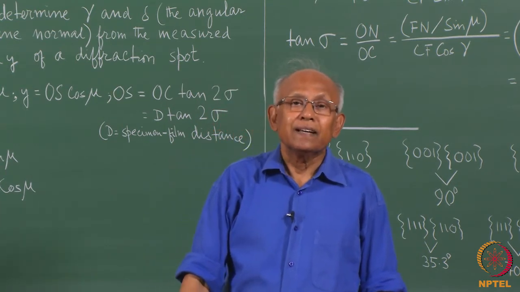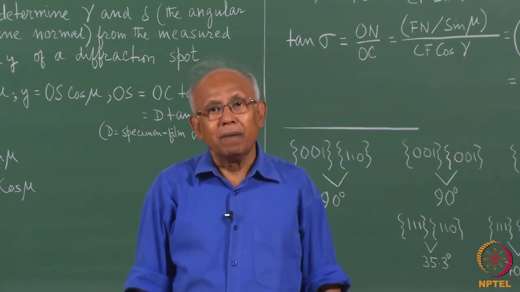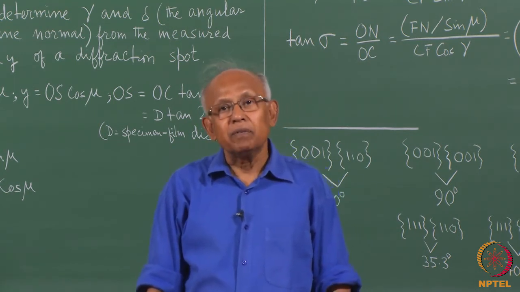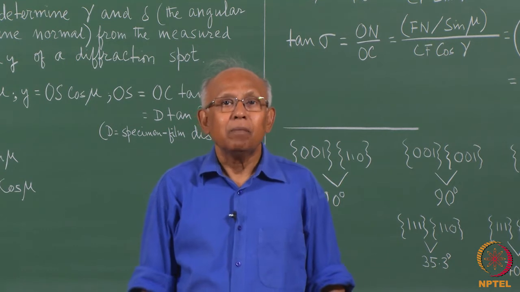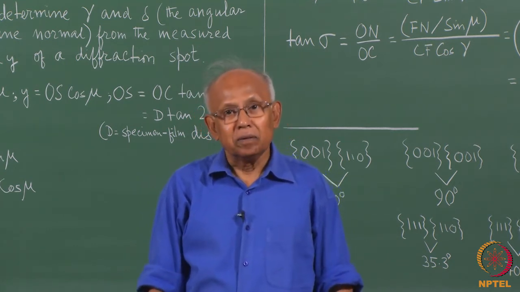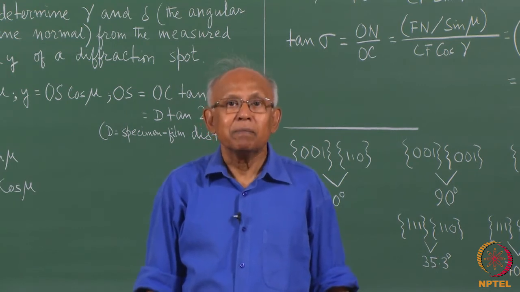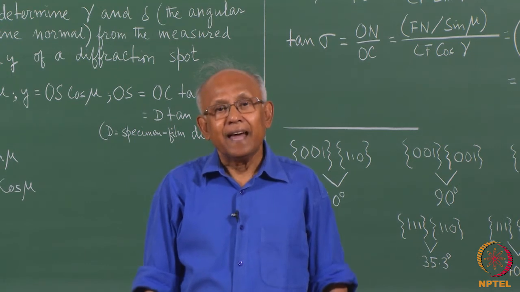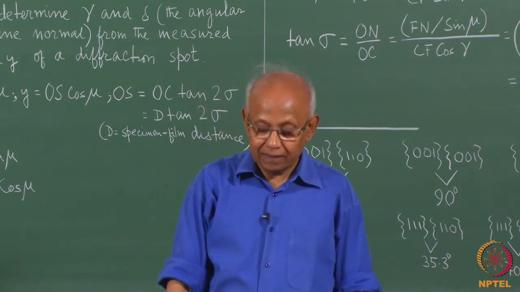Now, there are three different methods of finding out the orientation of a single crystal by X-rays, namely the back reflection Laue method, the transmission Laue method and the diffractometer method.